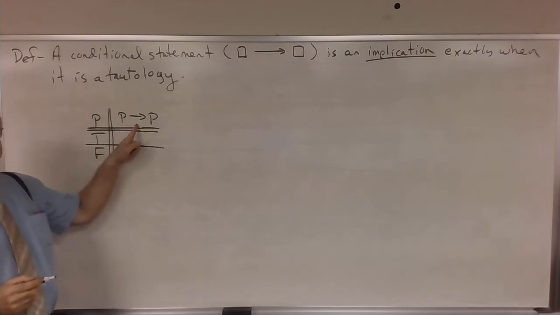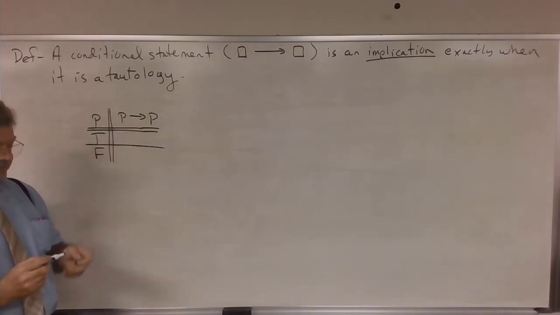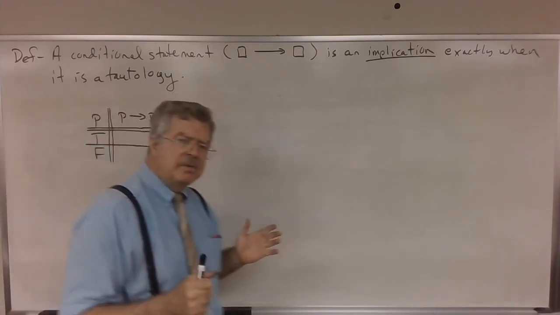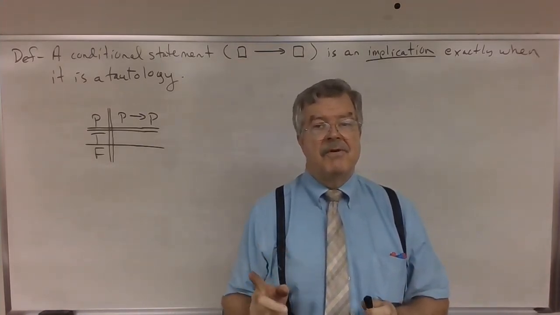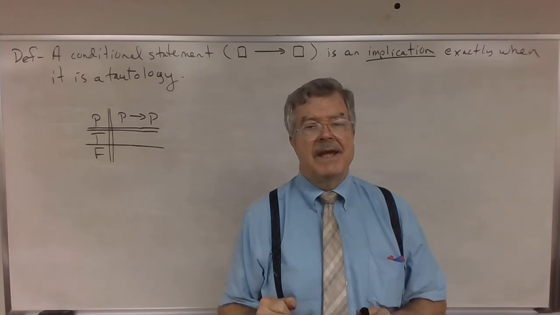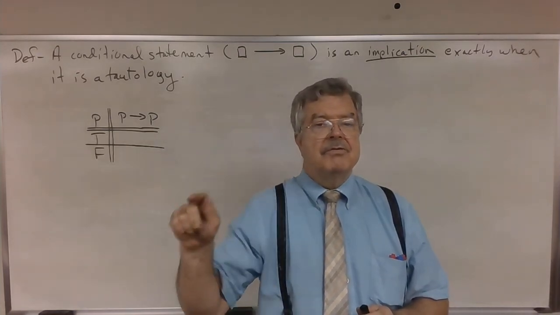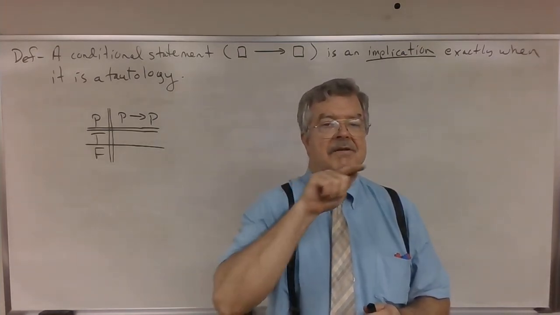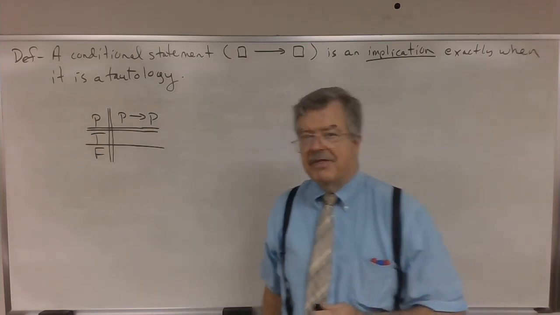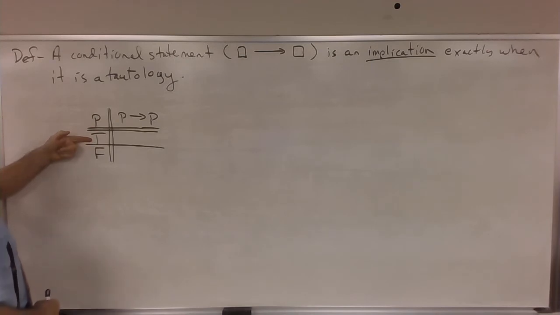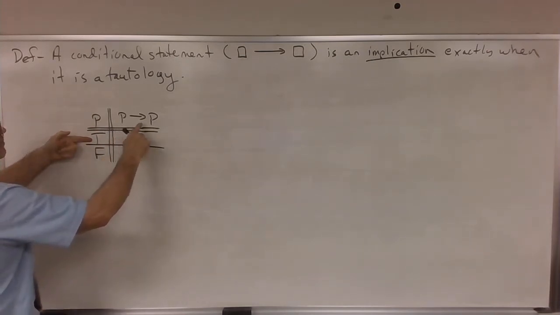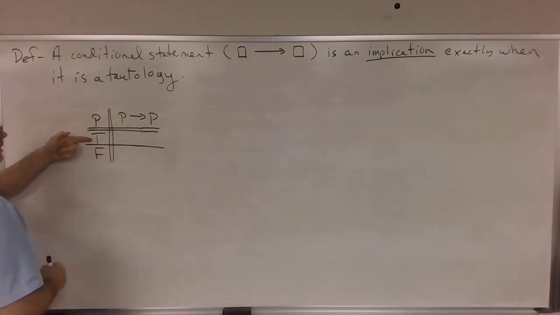It's an if-then statement or a conditional statement. So when is the only time that it can be false? It can be false exactly when we have true implying false. Does that happen here? In this case, P is true, so we have true implying true. No, that's not going to be false.